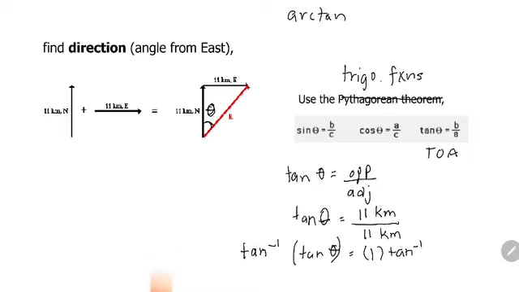So, syempre, pag ganun, makakancel na to. Okay? So, arctangent, kapag gagamit ka ng scientific calculator, click mo yung shift, tapos click mo yung tangent. Lalabas dapat yung tangent raised to the negative 1. So, arctangent of 1 is 45 degrees.